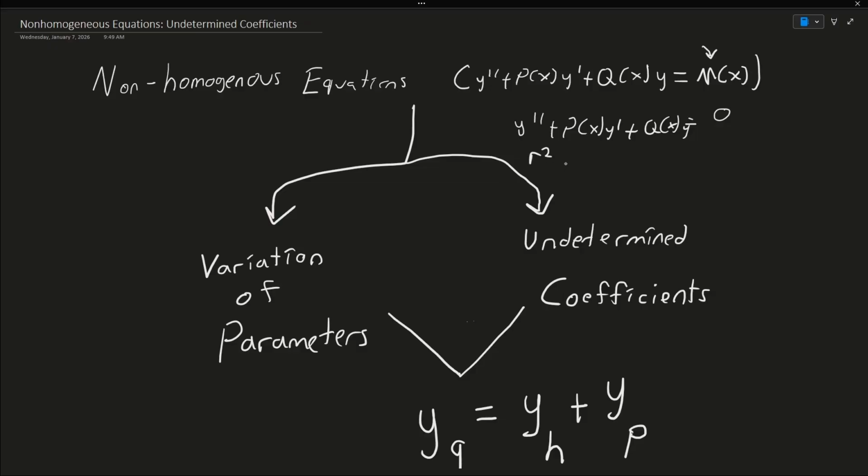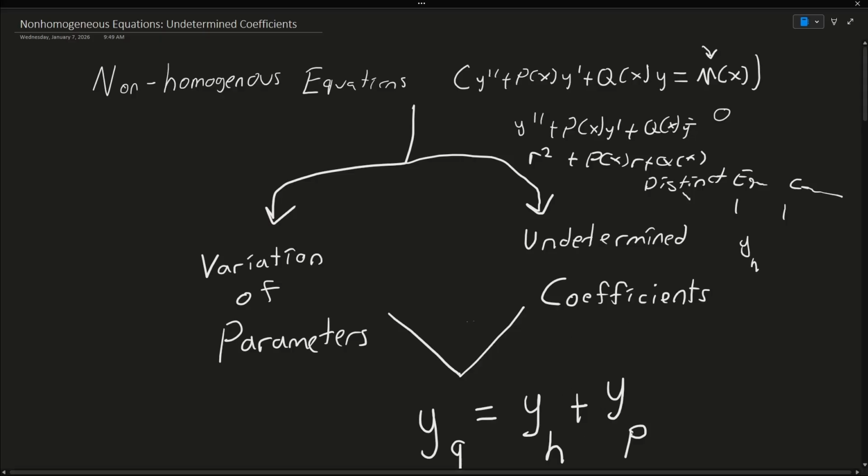You're just going to build the characteristic equation, and after that, you're going to solve for the roots of r, and you're going to have either distinct real roots or equal real roots or complex roots. This will generate different scenarios, different solutions, and those solutions will be called y of h, y homogeneous.